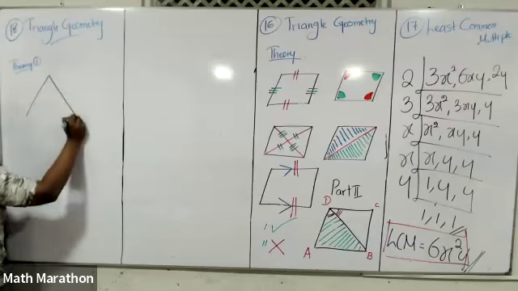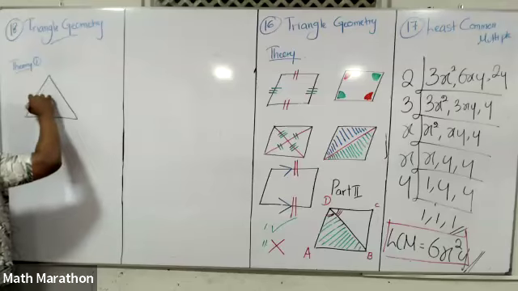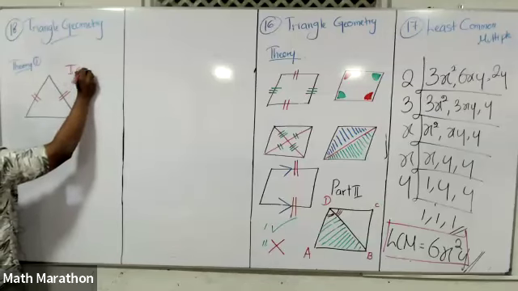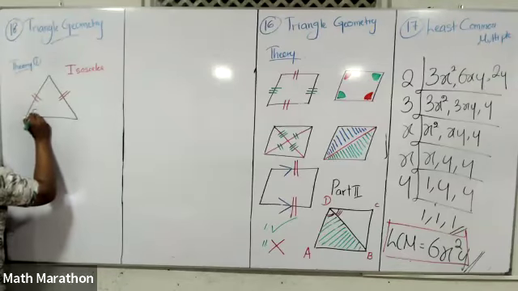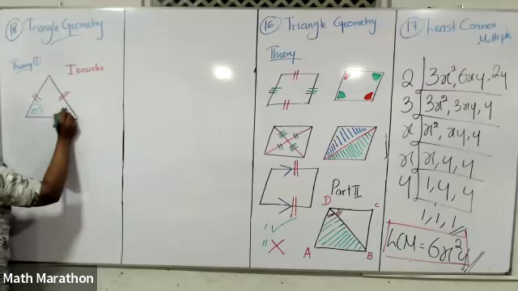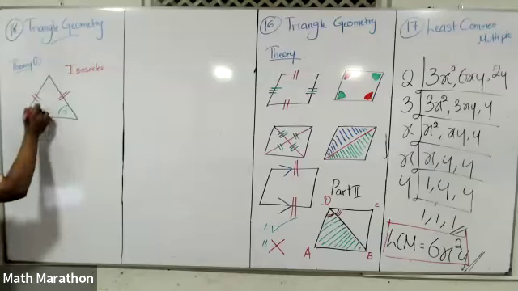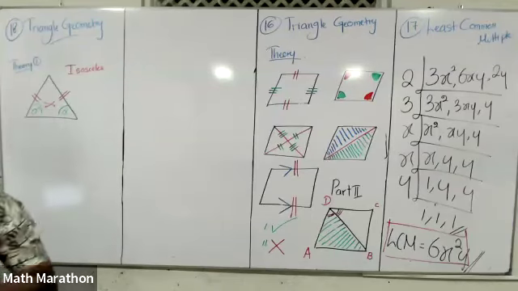When we have a triangle and two sides are equal, we call it an isosceles triangle. In an isosceles triangle, the angles opposite to the equal sides are equal. So that is the isosceles triangle theorem.